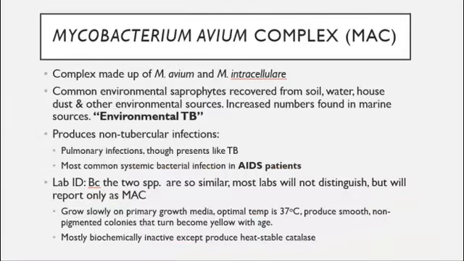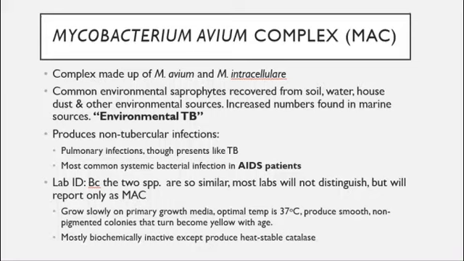Alright, now let's talk about Mycobacterium avium complex, or MAC. This is a complex made up of M. avium and M. intracellulare. It's a common environmental saprophyte recovered from soil, water, household dust, and other environmental sources.